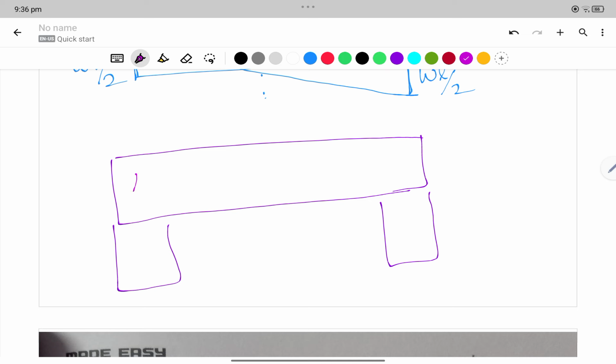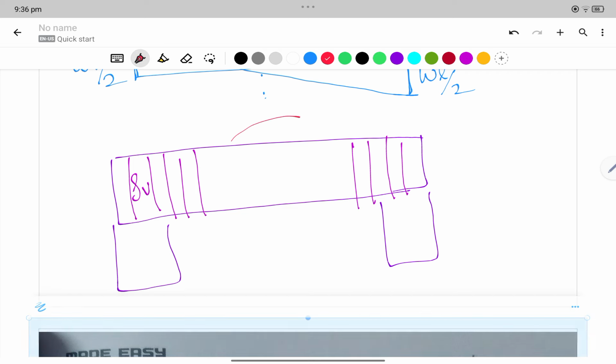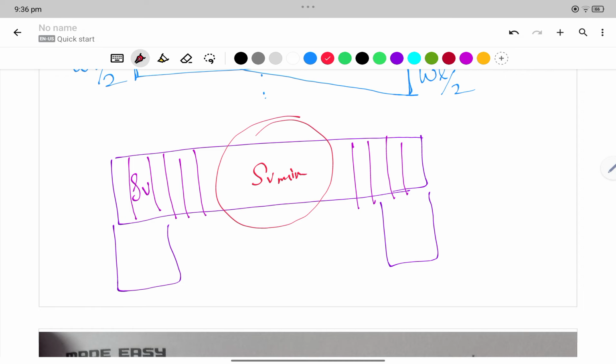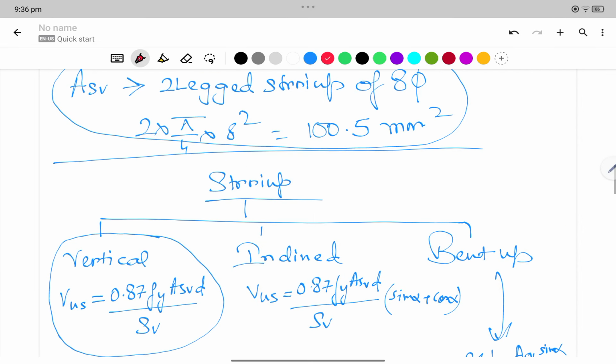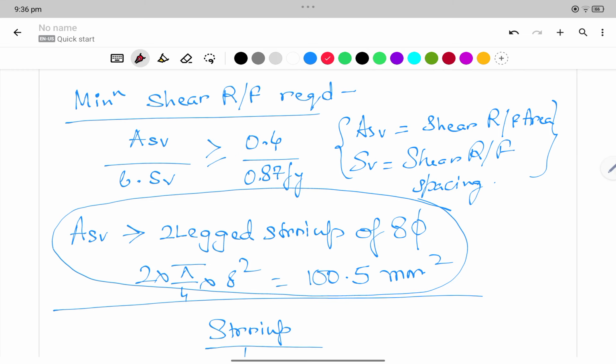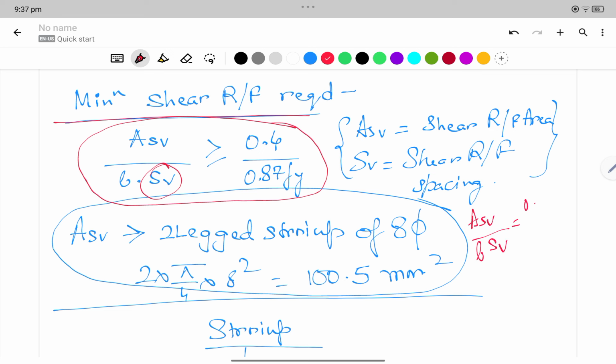But in the middle part we will provide the SV minimum, which we get from the minimum shear reinforcement formula, ASV divided by B into SV equal to 0.4 by 0.87 Fy.